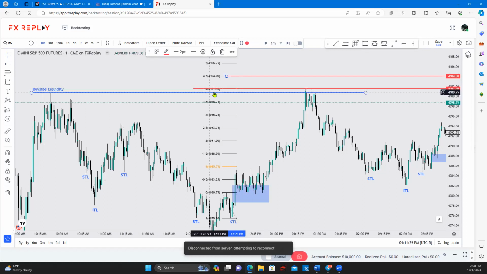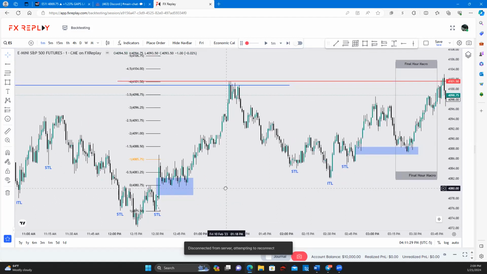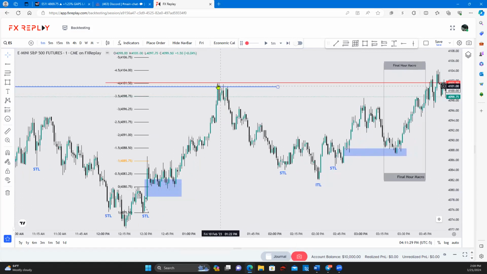But the next one above buy side is this one here, right? So we move forward in price. We had a shallow run here, right? We tapped in there, but if we look at the high here in this corner where it says H, we look at the high on this candle, 4101.50 exactly, right? See that?